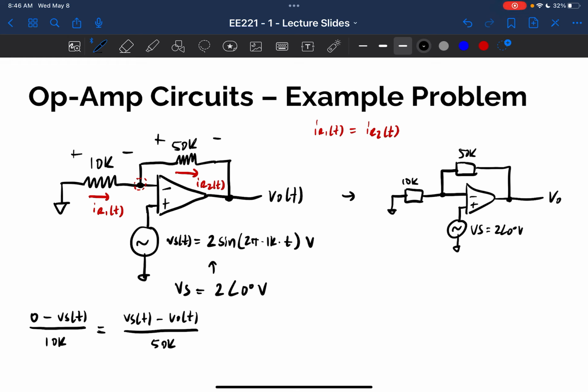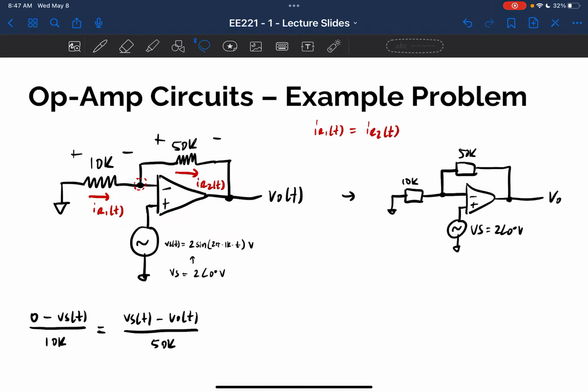So let's go ahead and do that. I don't want to run out of room here, so let me shrink some of this stuff. All right, so that can be made much smaller. And then from here, I would basically just separate terms. I would say minus Vs of T over 10K. I would subtract this Vs of T over 50K over to the other side. And then I would be left with a minus V out of T over 50K.